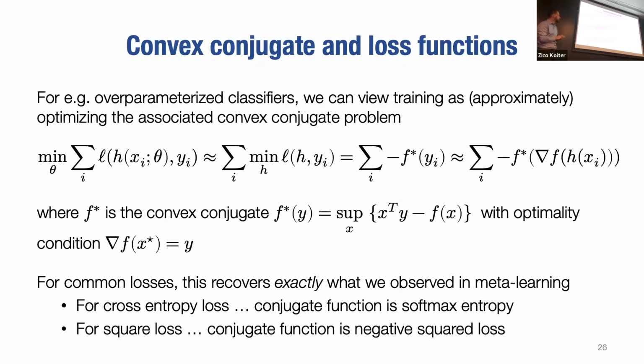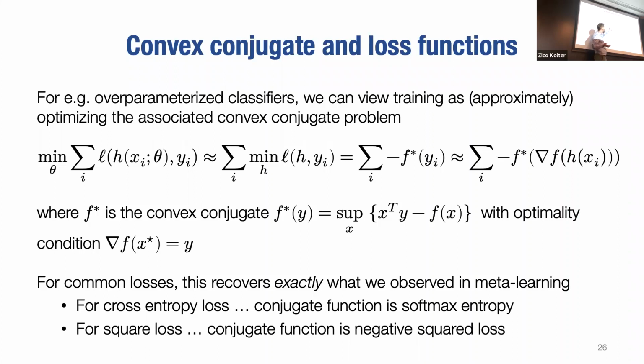But the idea here is that, especially for overparameterized classifiers, you can think of minimizing over your whole set of parameters as effectively, not quite, but almost just minimizing each individual prediction of your classifier over the hypothesis that you're going to output on that example at training time, right?